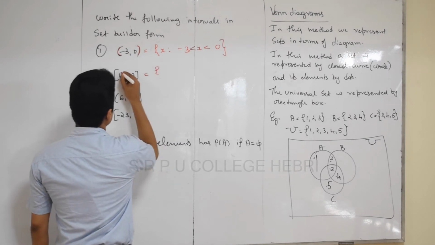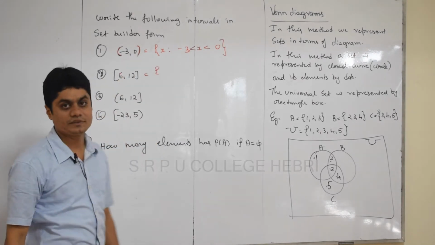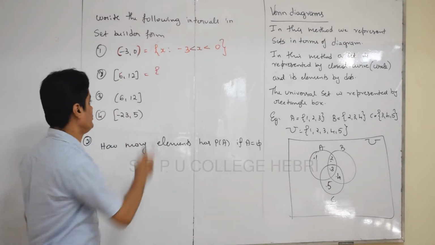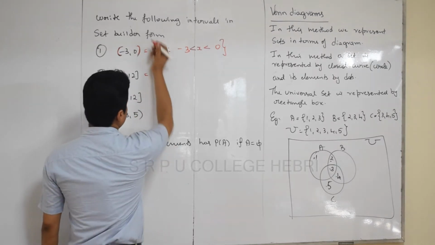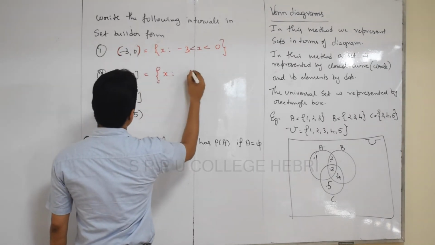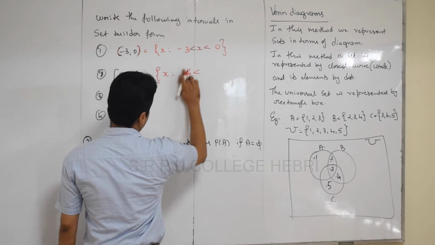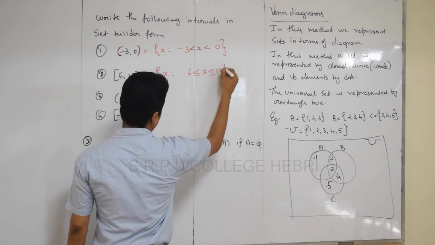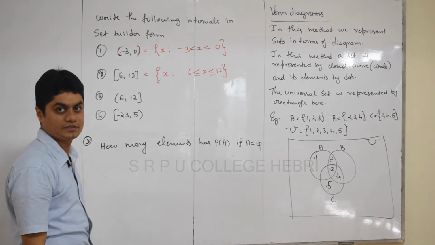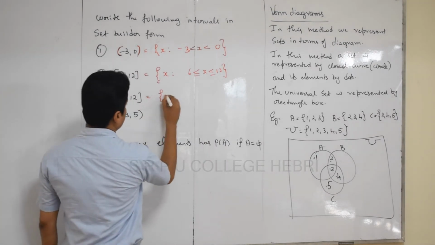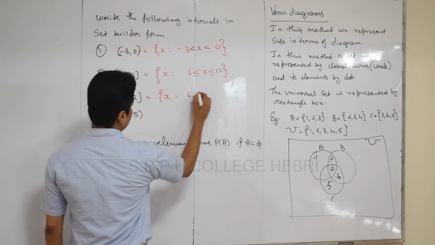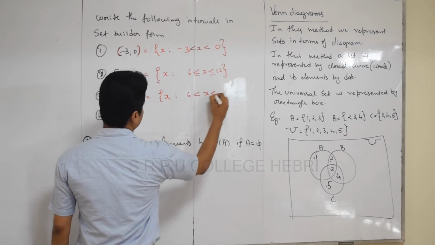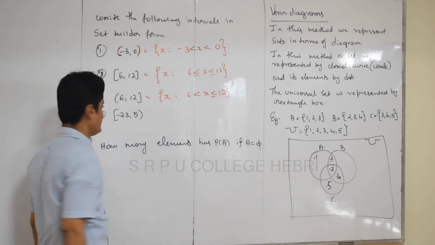Now this is between 6 and 12, including 6 and 12 because both are square brackets. So it's a set of all x such that x is between 6, including 6, and 12, including 12. So let's write this one: x such that 6 is not included and 12 is included. It's a 1 mark question.